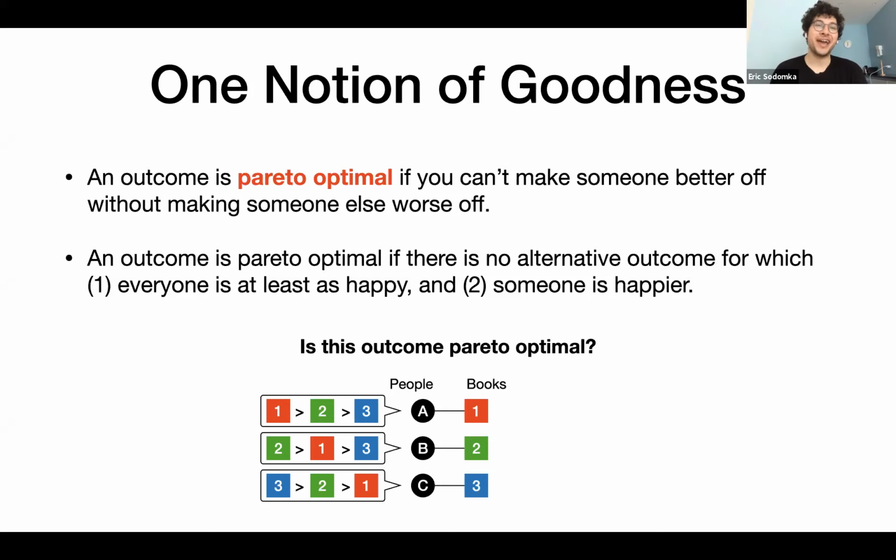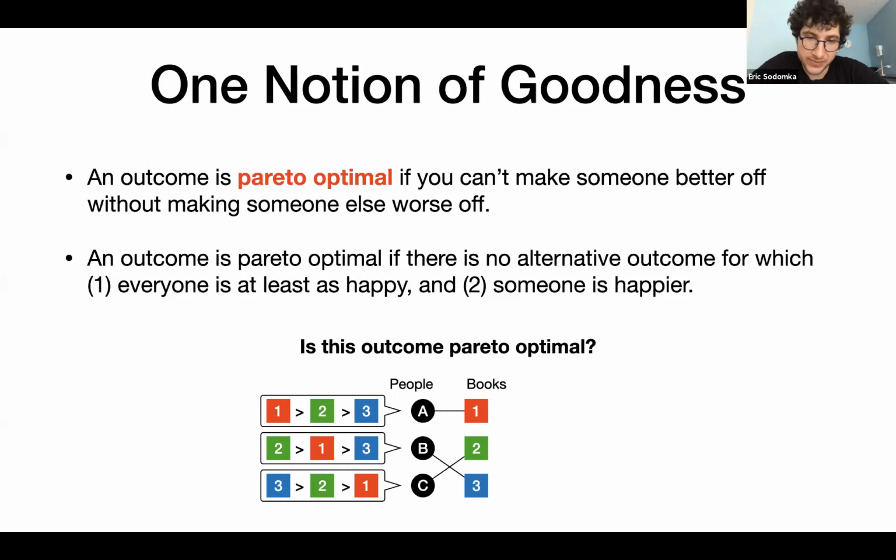So there is no way that you could, by some other outcome, make someone happier than they are right now. They've achieved maximum happiness as far as the book allocation goes. So in fact, it is Pareto optimal. You can't make someone better off without making someone else worse off. In fact, there's no way to make anybody better off. Everyone's happy. Good.